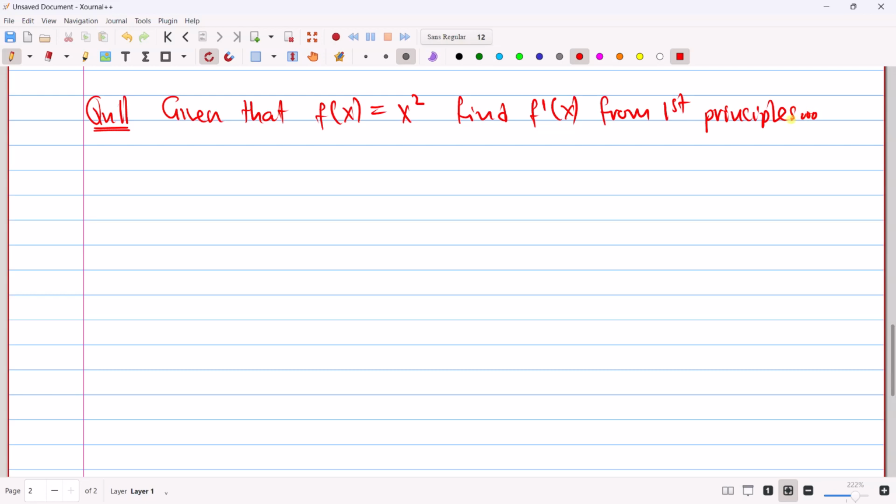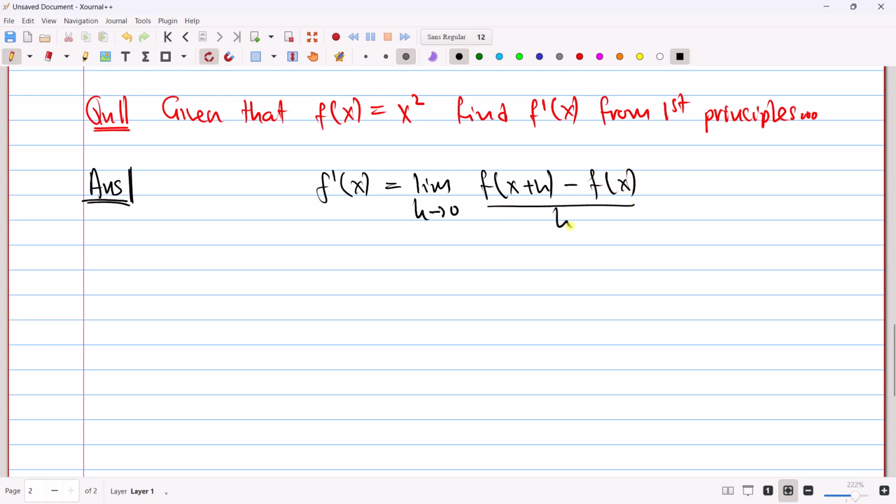So we want to see how one can find the gradient function of this function from first principles. To go about answering that, we already know that what we want to calculate is given by f prime of x is the limit as h approaches 0 of f of x plus h minus f of x over h, where h is an element of real numbers and h is not equal to 0.